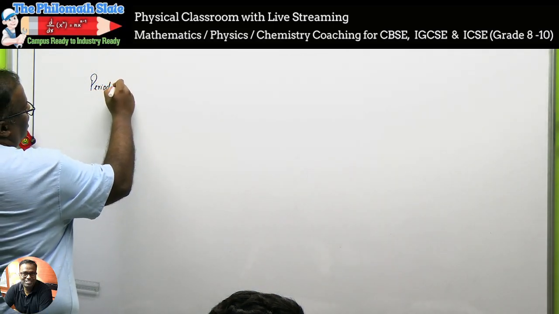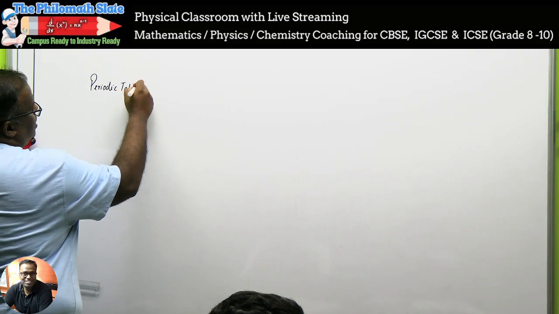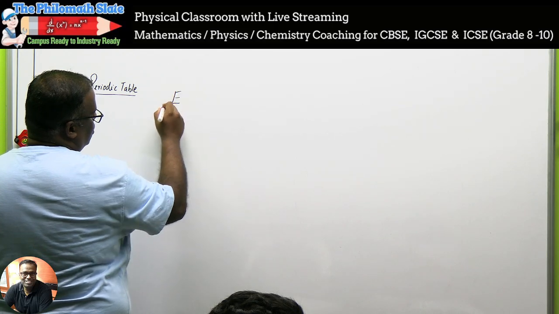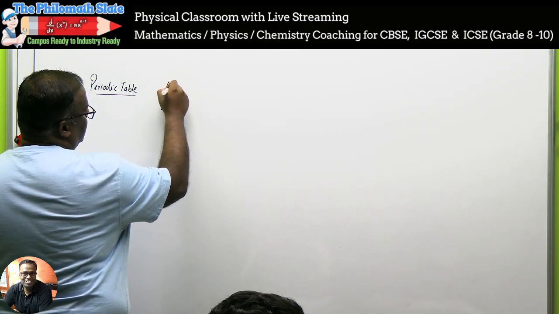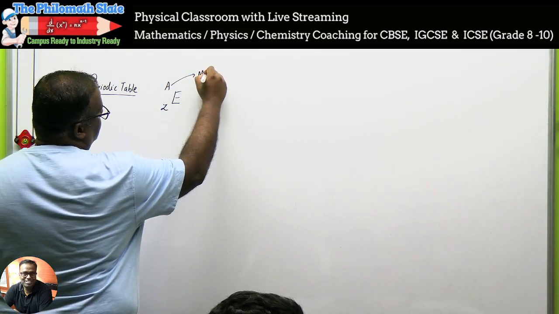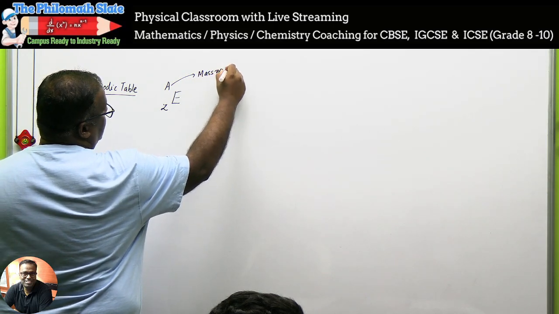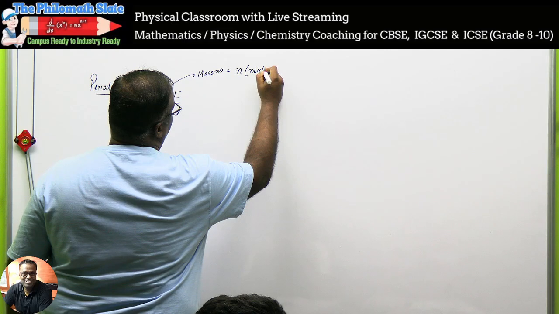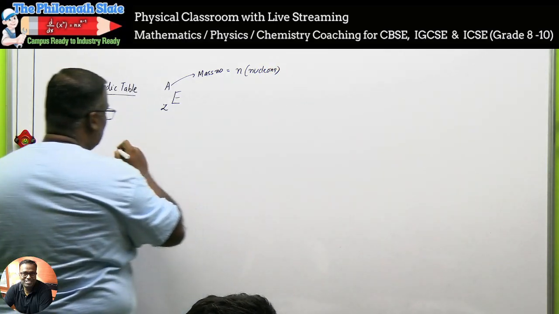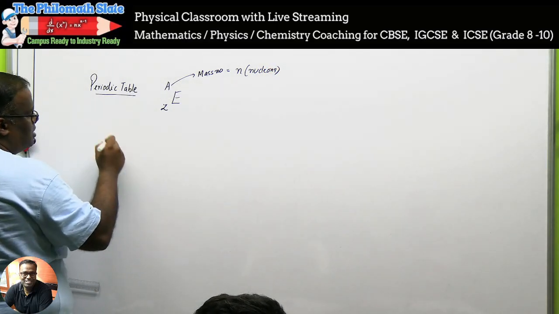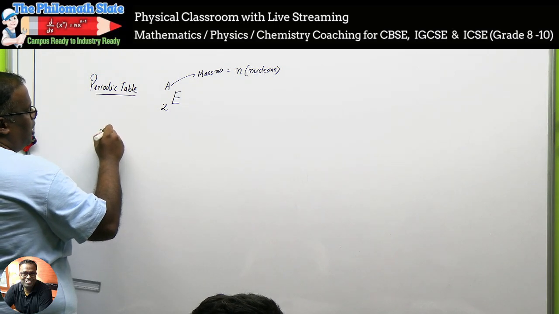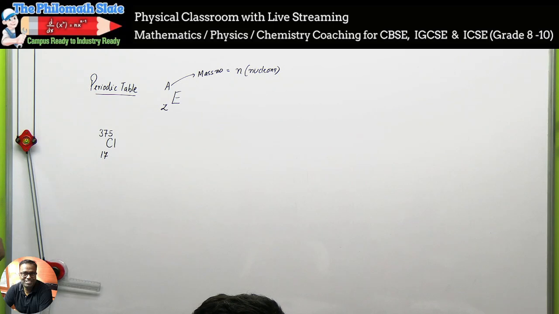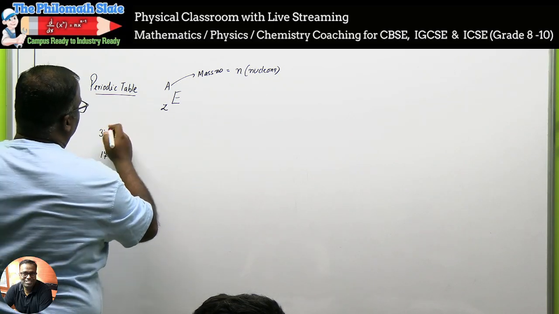In a periodic table, you don't see relative atomic mass, but you are actually seeing the element with the atomic number, and this is the mass number. Mass number. And I told you that mass number is the count of nucleons. If you look at chlorine, chlorine here will have 17 written, and here most probably 37.5. Yes, chlorine has 35.5 written, sorry, 35.5.